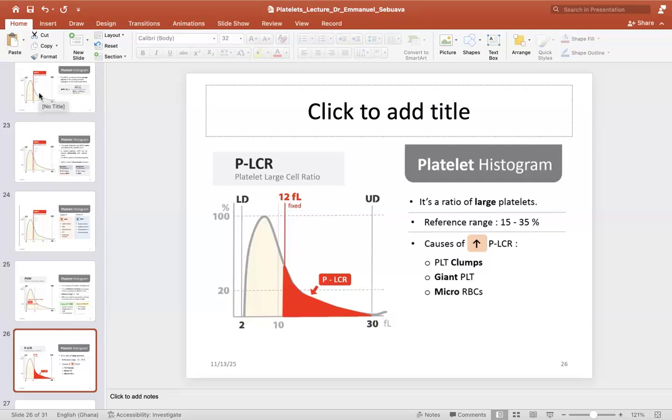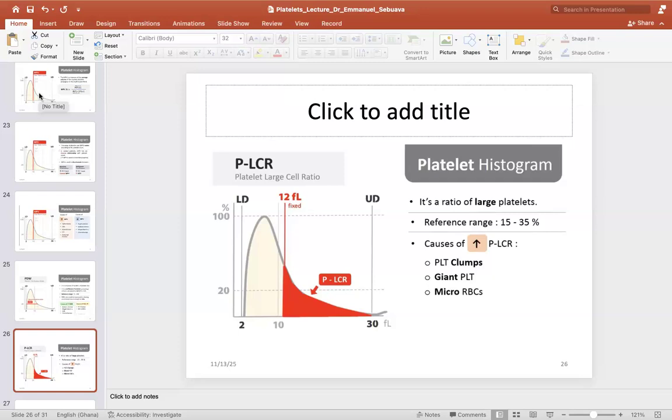Some of the causes of a very high platelet large cell ratio are platelet clumps, like I mentioned earlier. So if you see a high PLCR, you should start questioning yourself: what might have contributed to that high level?